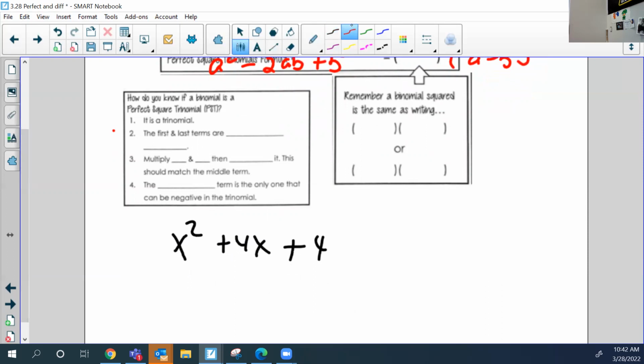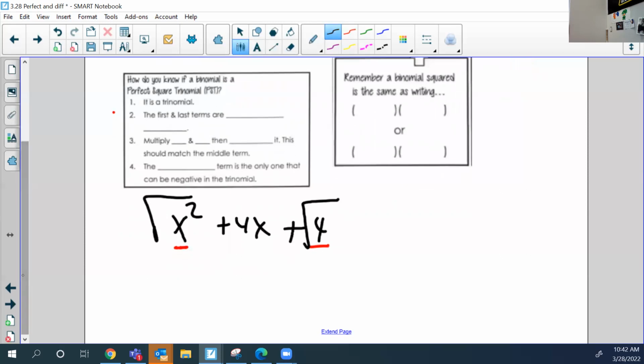Look at the first term. Is the first term a perfect square? Yes, this is a perfect square. What about the last term? Is that a perfect square? Yes. And so if they're both perfect squares, I'm going to take the square root of the first term and the square root of the last term. That gives me an x, that gives me a 2.